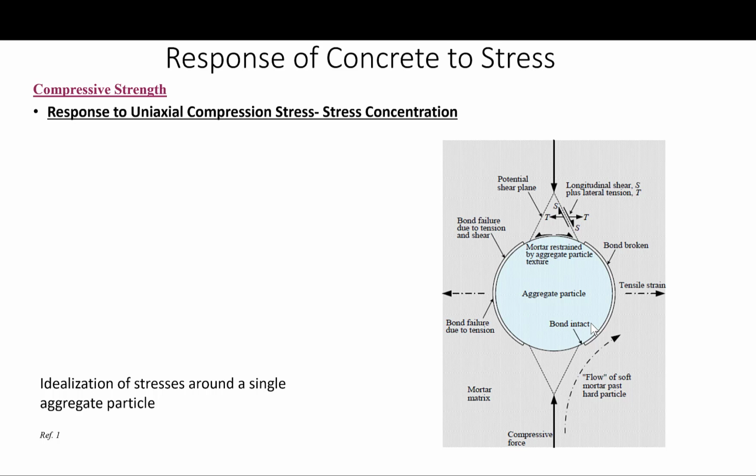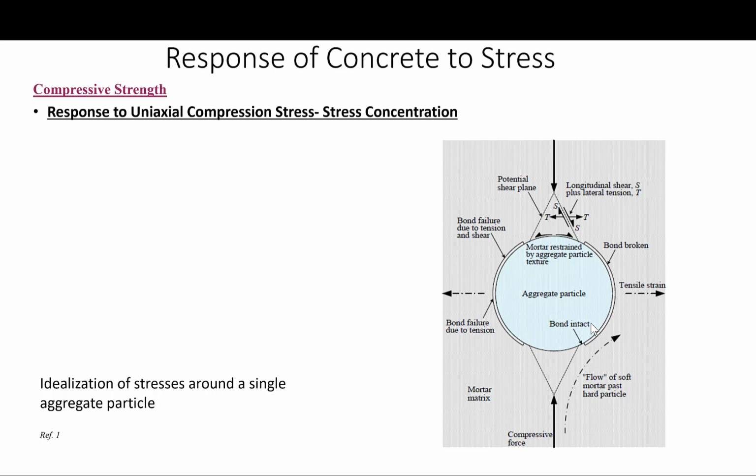And this figure shows the idealized stresses around a single aggregate particle in concrete under compressive stress, for the normal case where the particle is stiffer than the matrix. The aggregate is stiffer than the paste matrix.